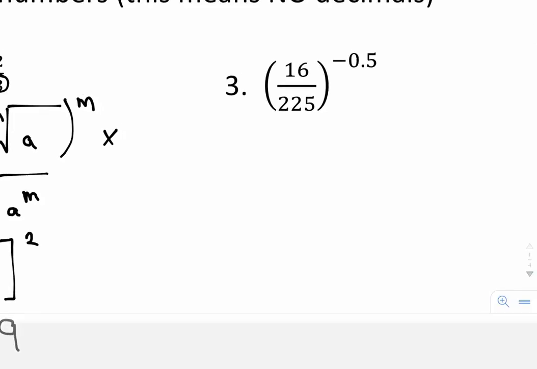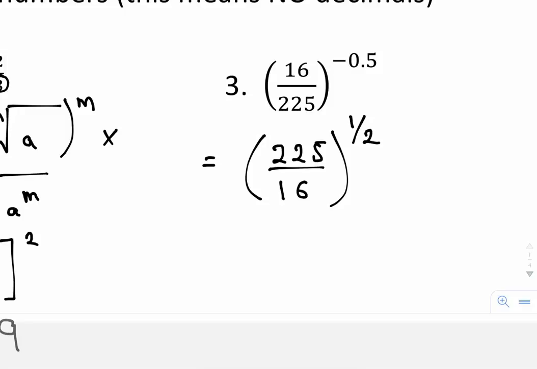For the next one, once again I see a negative exponent, so I'm going to do two things. I'm going to first reciprocate my denominator, so 225 over 16 because of the negative, and I'm also going to rewrite my exponent as a fraction.